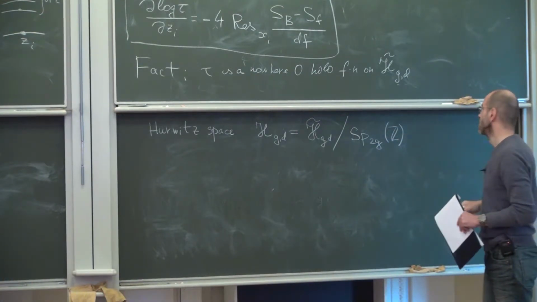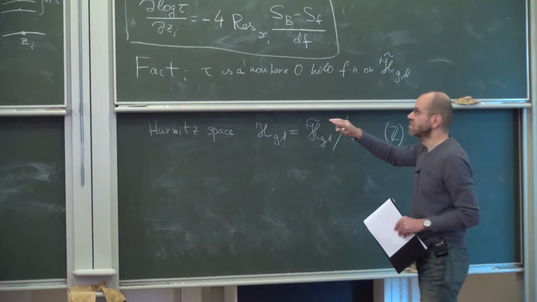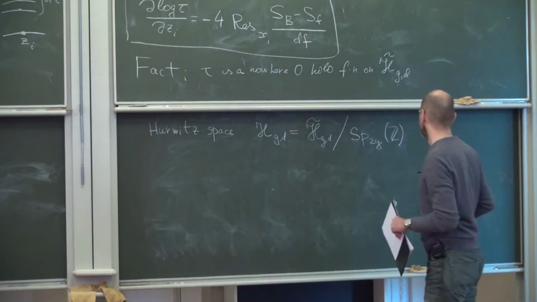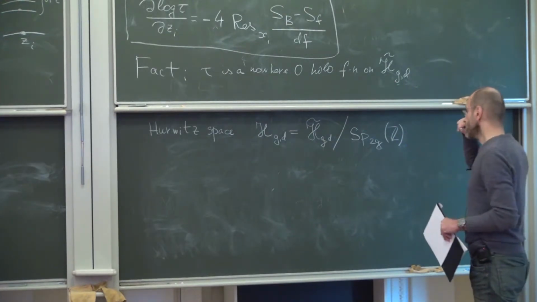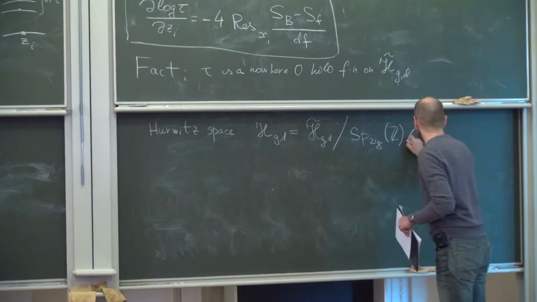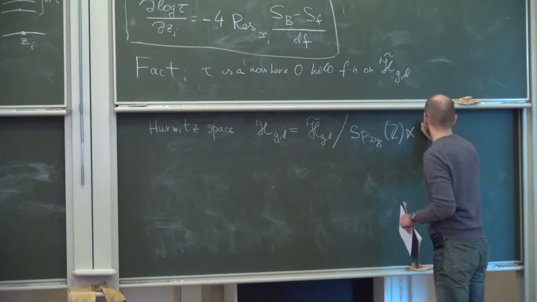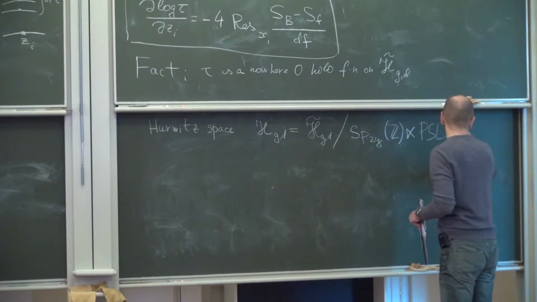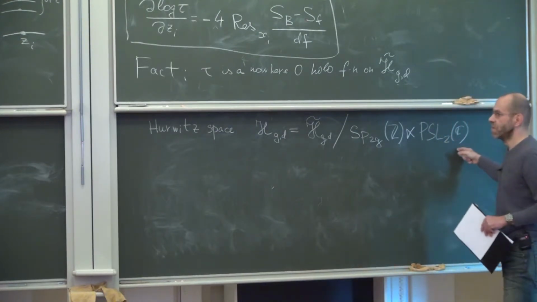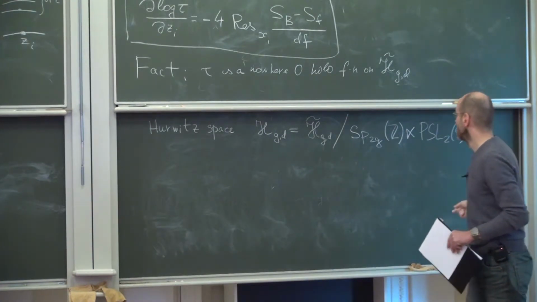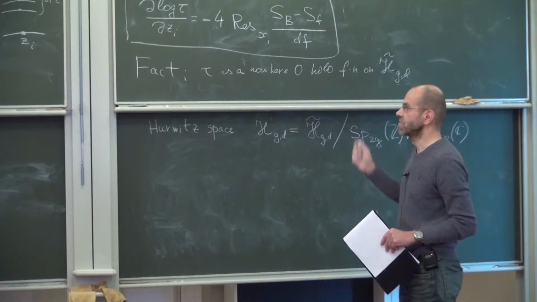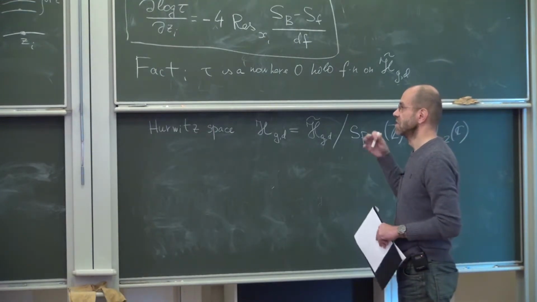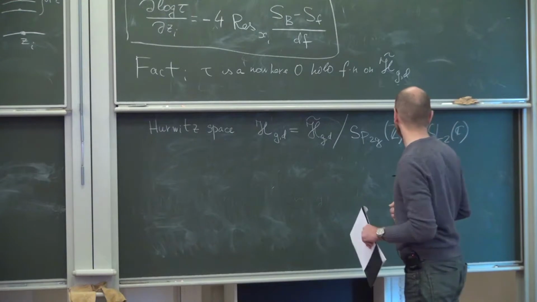That's the group that takes one basis into another. So we want to get rid of this restriction. And the other group is just PSL(2,C), and that's the group of automorphisms of the projective line. So now we identify functions that differ by a linear fractional transformation.